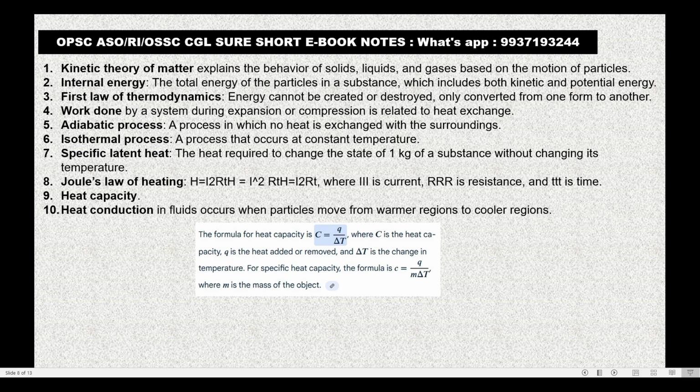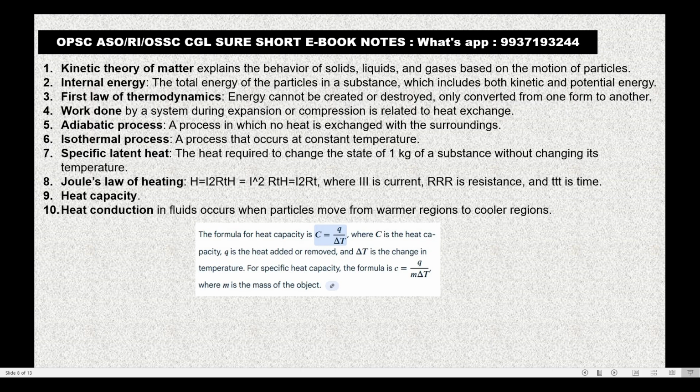Kinetic theory of matter explains the behavior of solids, liquids, and gases based on the motion of the particles. Internal energy: the total energy of the particles in a substance, which includes both kinetic and potential energy. First law of thermodynamics: energy cannot be created or destroyed, only converted from one form to another.